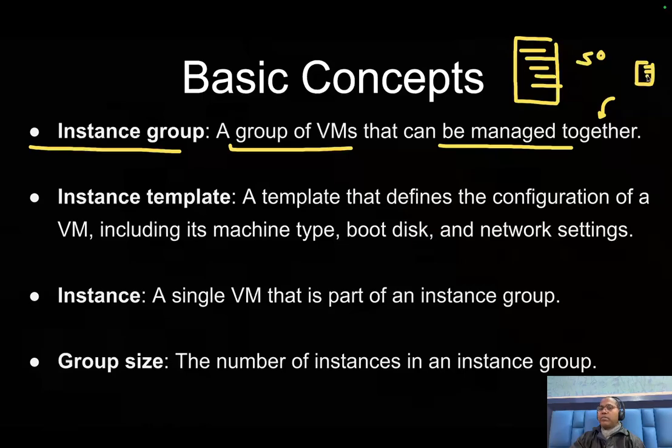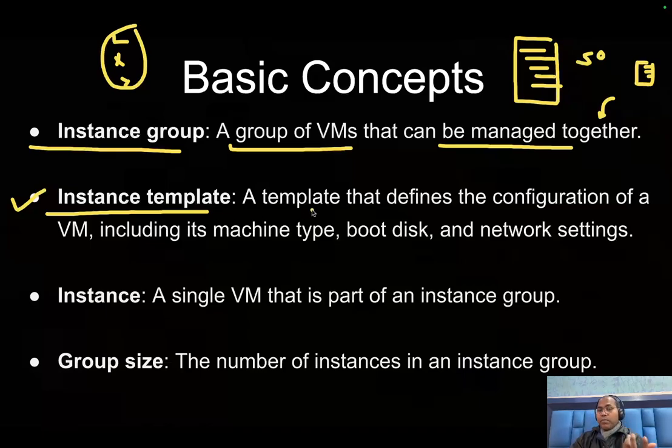This is my template file. We require the instance template because whenever you create a virtual machine, we have to tell it, hey, I need a Linux box with this operating system, this machine type, this kind of configuration. Whatever configurations you can define, we have to define inside the instance template.